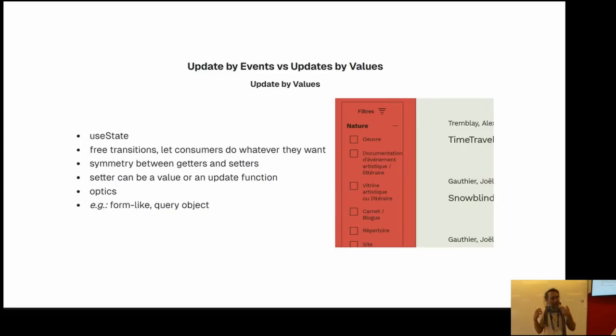what you care about is that every value succession is meaningful. You really just want to get out of the way and delegate stuff to the consuming components. So it gives things like form-like things, a complex query object.